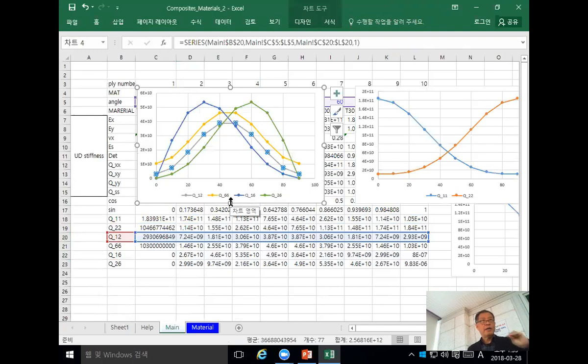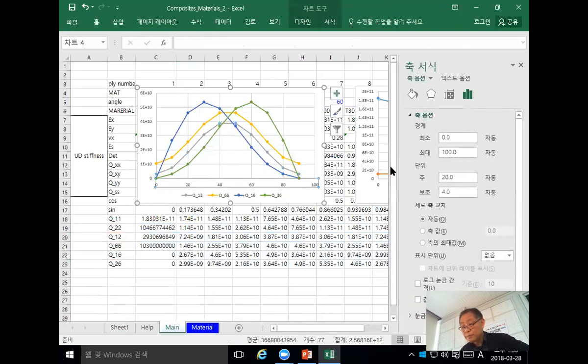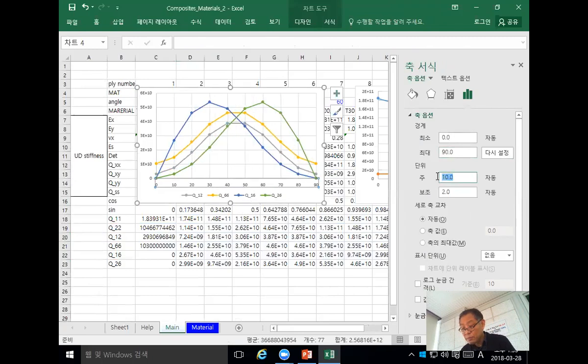Now, as I asked in the last homework, Q66 reaches the maximum value at angle 45, as you can see.